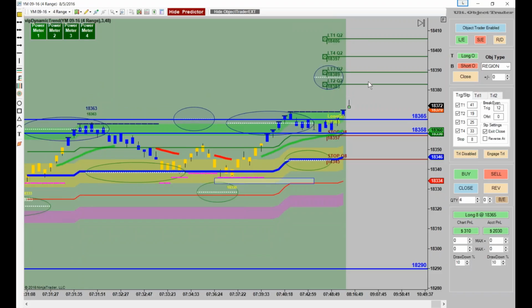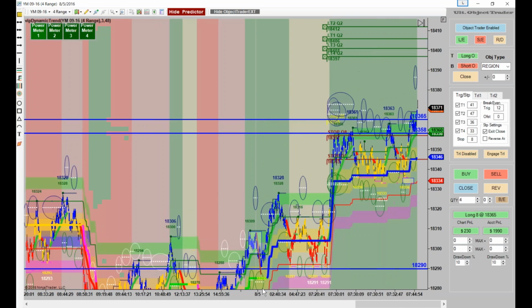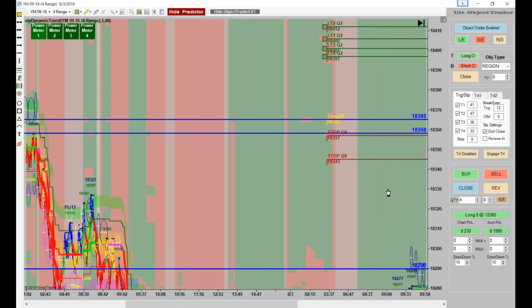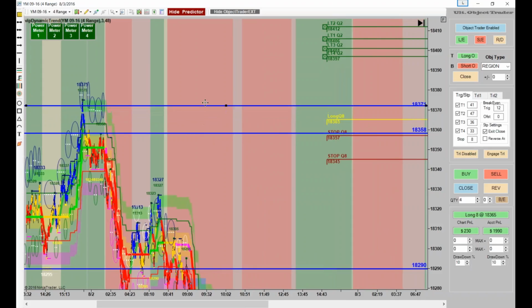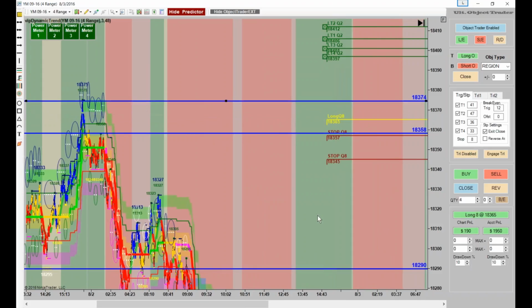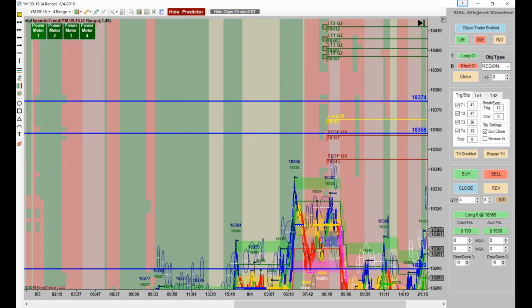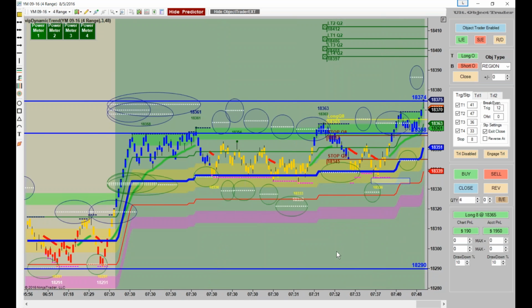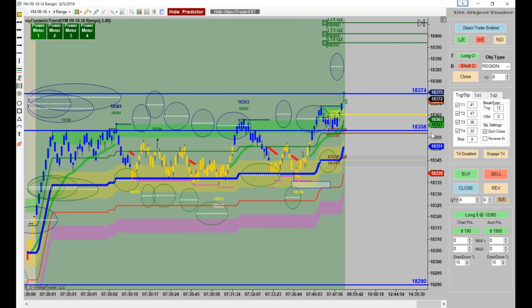Get your targets out of the way. Look to the left to trade the right. Nothing there, is there? Nothing for a long time. There we go. We got something, but we're already higher than that, so it doesn't matter. So we're good to go. We just move our targets out of the way. And then ride your lightning.